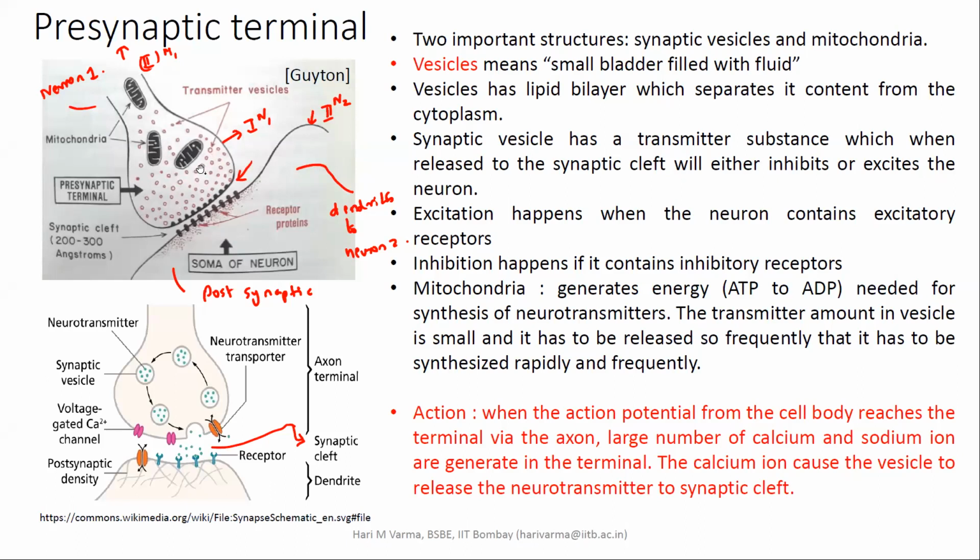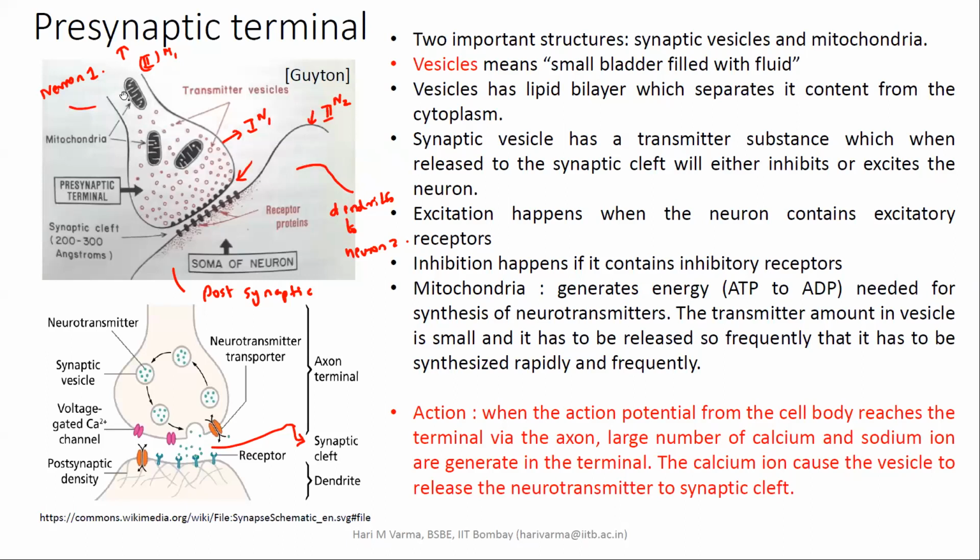These vesicles in the neuron have a lot of neurotransmitters being synthesized using energy, that means basically from ATP to ADP conversion. And in order to transmit this action potential from the presynaptic neuron to the postsynaptic neuron, you need energy because you need a lot of neurotransmitters to do this job. So you have to synthesize a lot, and the mitochondria is again helping to synthesize these neurotransmitters, right?